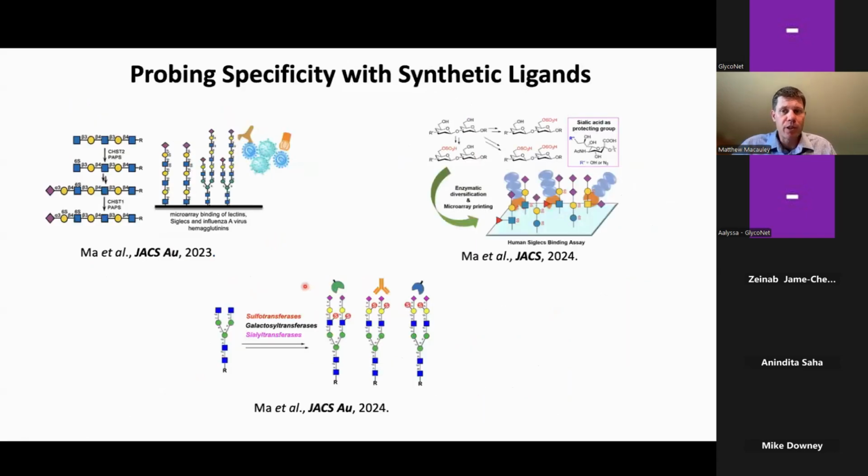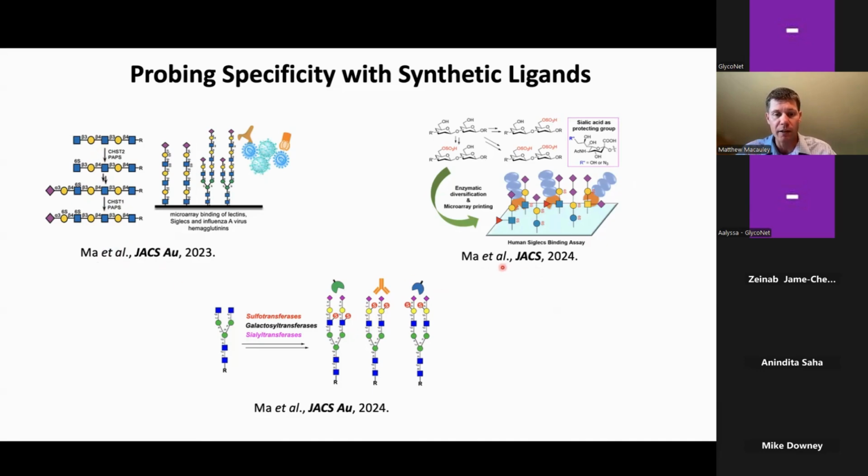And a number of groups around the world have picked up on these findings from these papers, and have been stimulated to synthesize sulfated glycans and analyze them by standard glass slide glycan microarrays. For example, the one on the left here is from the Boons lab. They made a very nice set of glycans.